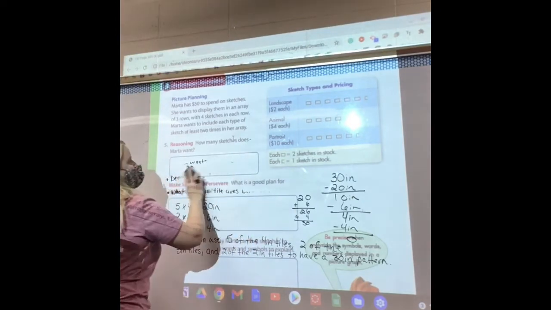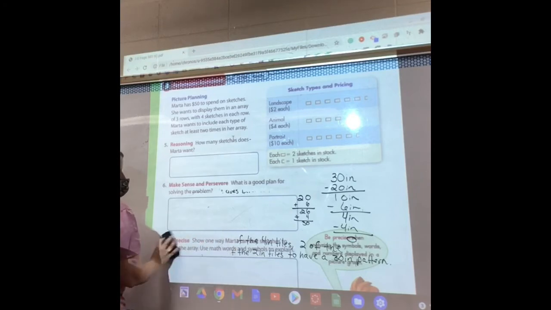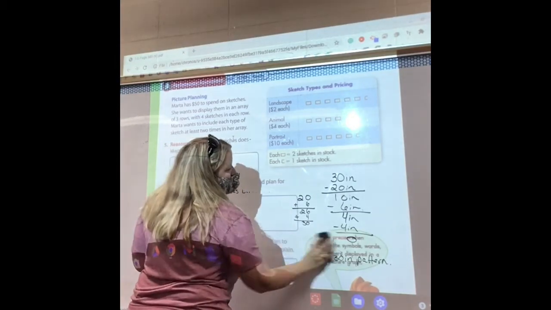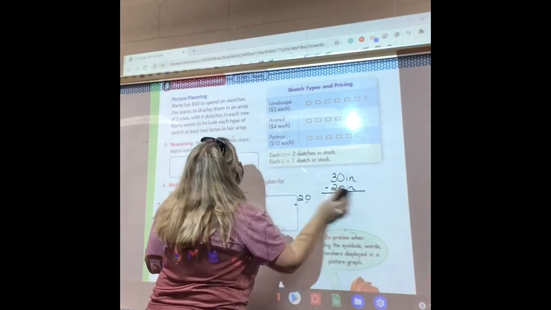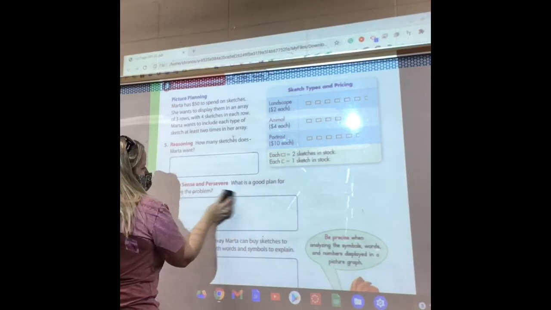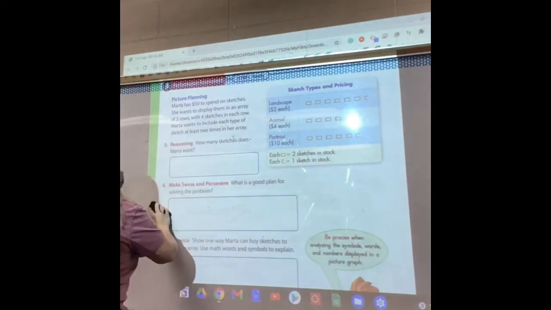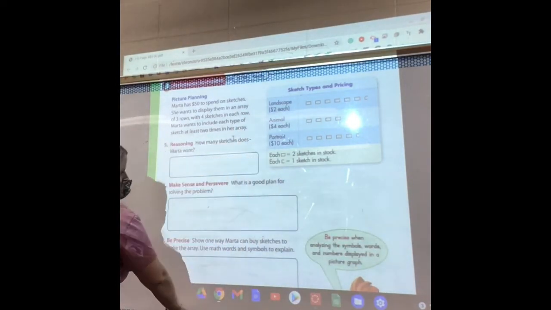If you look at the top, it says sketch types and pricing. So these are different types of sketches, and they have landscaping, which is $2, and animal sketches, I'm guessing, for $4, and portraits for $6. Okay?